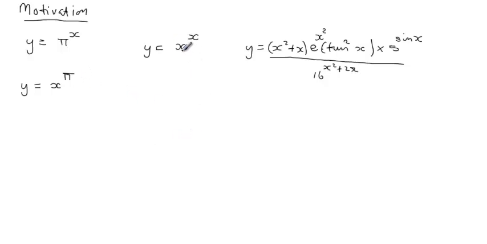Are you fine here? Are you fine there? What are you going to use here? Who can tell me? One person raise up your hand and tell me what they're going to use here. Come again? You are saying power rule. Yes, I agree with you. When you differentiate this, it will be just pi x to the power pi minus 1. What about here? Why don't you apply this same rule?